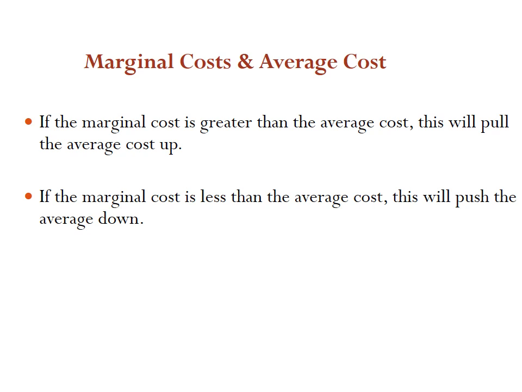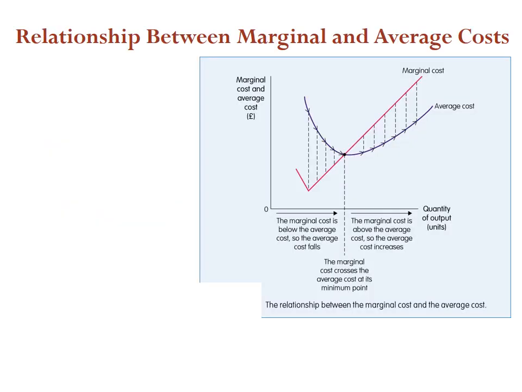Now, what's the relationship between marginal cost and average cost? Really easy. If the marginal cost is greater than the average cost, this will pull the average cost up. If the marginal cost is less than the average cost, this will push the average cost down. I've shown that right here in this graph. We have our marginal cost and we have our average cost. Our marginal cost usually looks like a Nike sign, so you can see it over here.